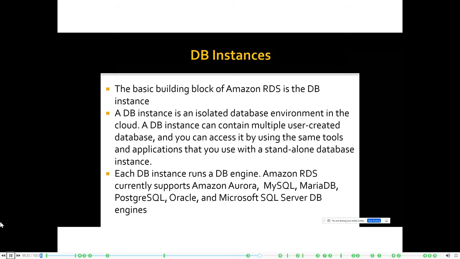A DB instance can contain multiple user-created databases. We already know that one database server can contain many databases. You can access it by using the same tools and applications that you use with a standalone database instance. And then lab 3.